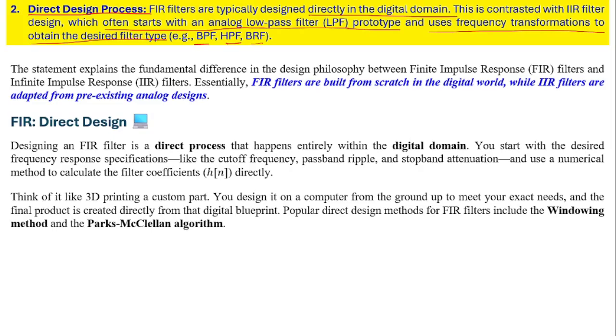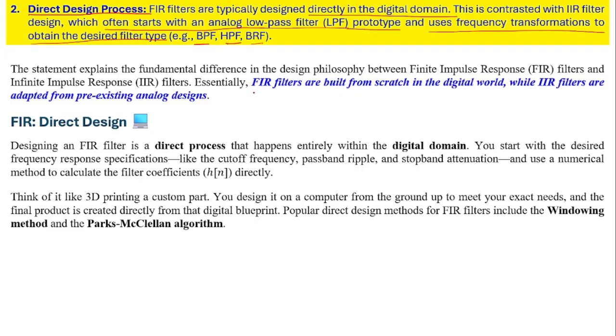On the other hand, in the FIR filter, we are just placing the poles and the zeros as per our convenience, and then we are able to manipulate the response. And when I say the poles and the zeros, we know the position of the poles. The position of the poles for FIR filters is always at the origin.